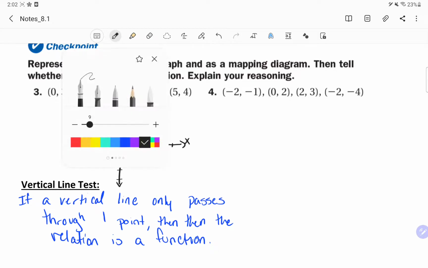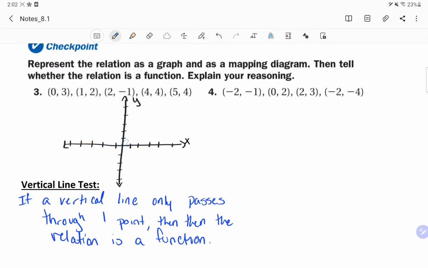So I'm going to plot the point 0, 3 by going right or left 0 and up 3. Then I'm going to go right 1, up 2. And then I'm going to go over 2, down 1. Then I'm going to go 4. So right 4, up 4. There's 4. Okay. And then I'm going to go right 5 and up 4.